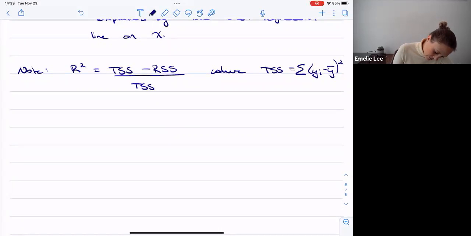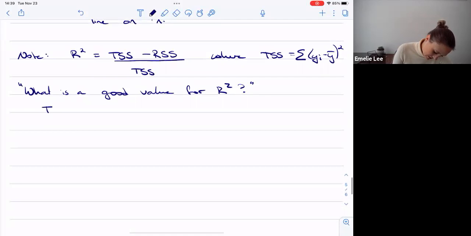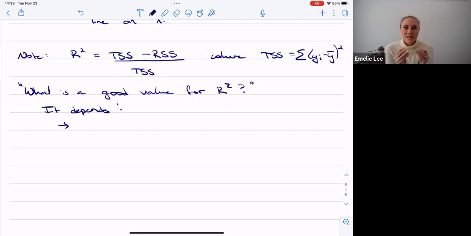So if we want to answer what is a good value for R squared, well, it depends. If the population that we're pulling a sample from follows a linear model, then R squared should be really high.